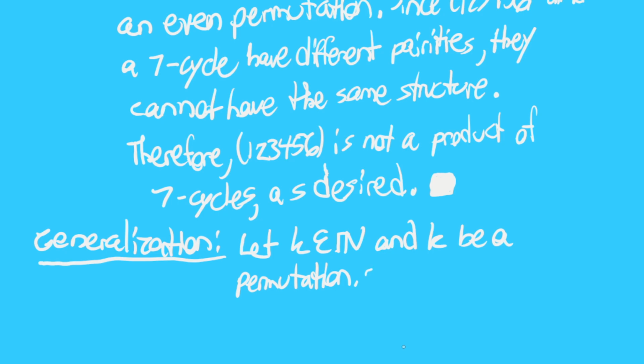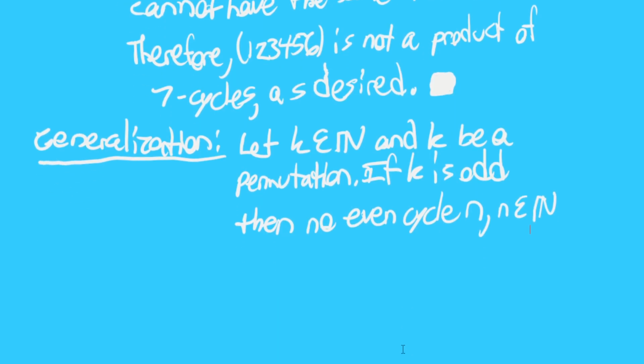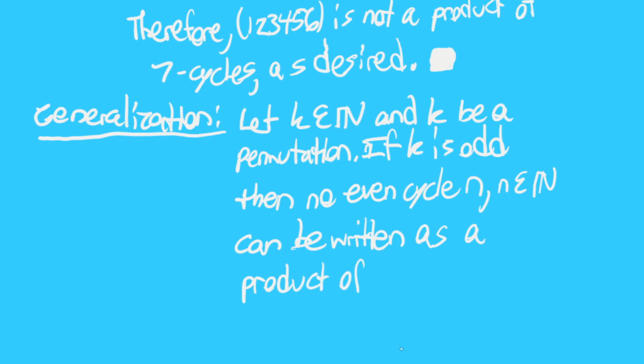If k is odd, then no even cycle n, where n is a natural number, can be written as a product of k cycles.